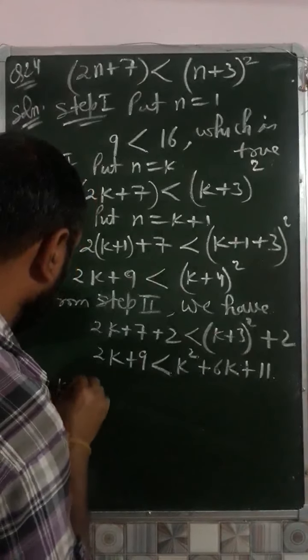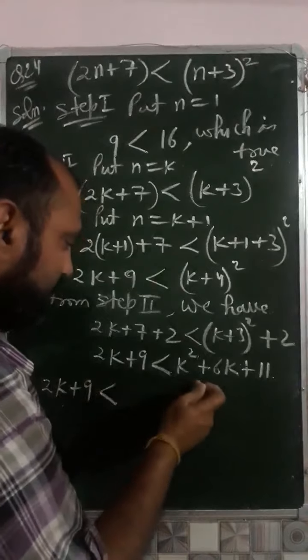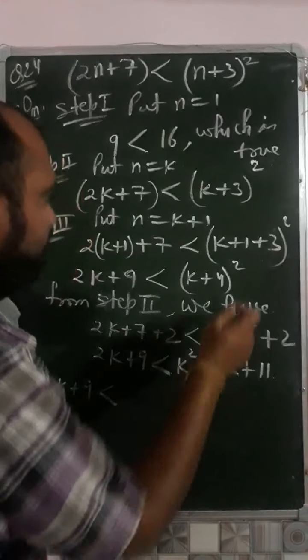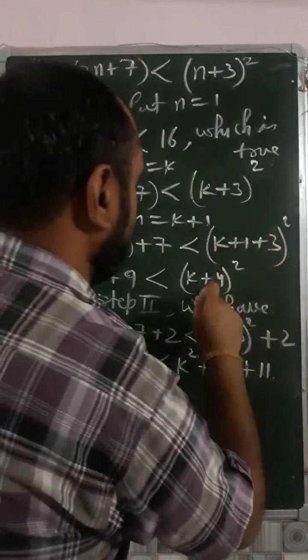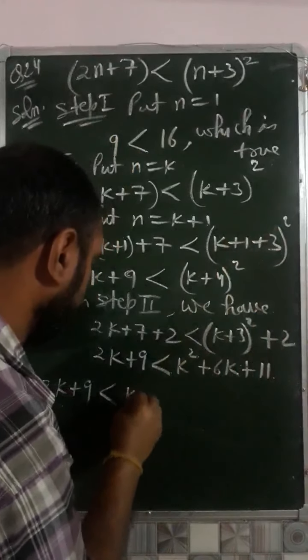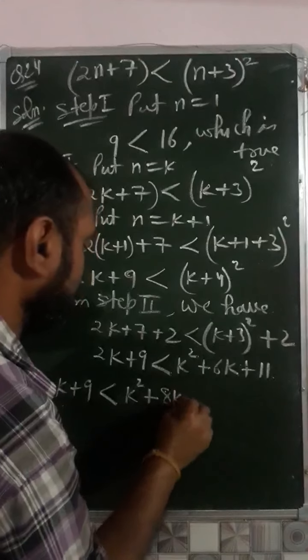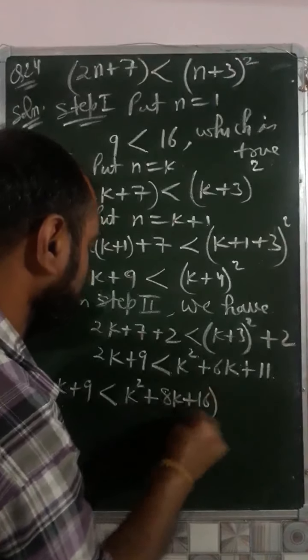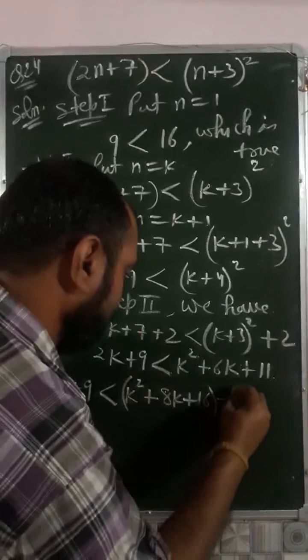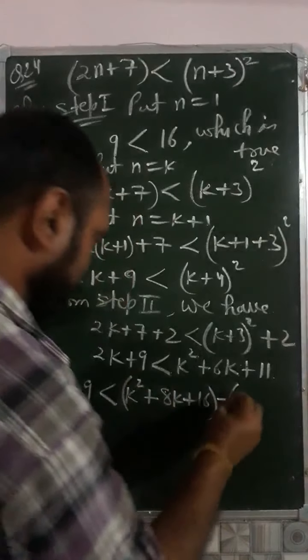See? Now in the next step we break this so that we get this (k plus 4) whole square. So it is k square plus 8k plus 16. Now we have to subtract what?